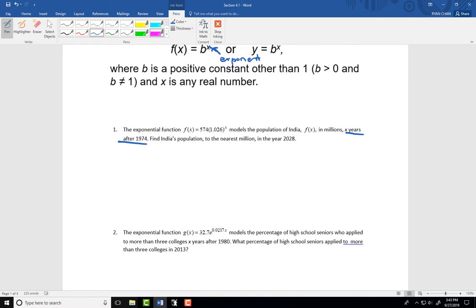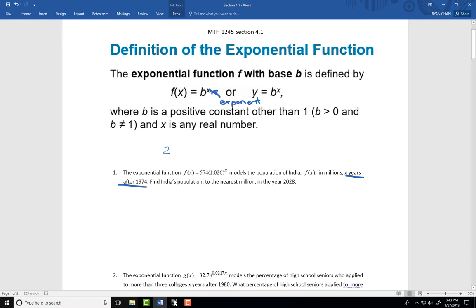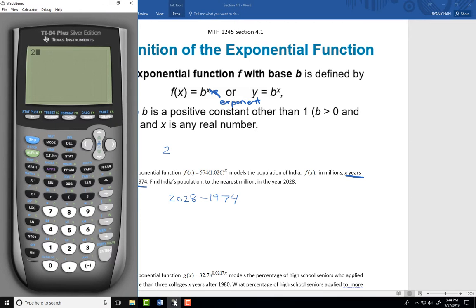The thing we want to realize is we have to be a little bit careful. 2028, x is the years after 1974. So I'm going to do 2028 minus 1974. I just throw it in my calculator.